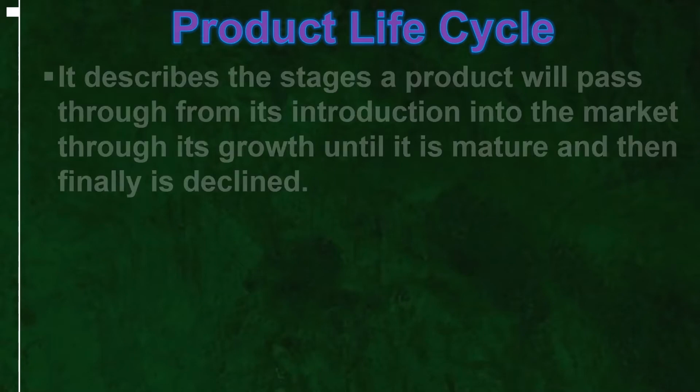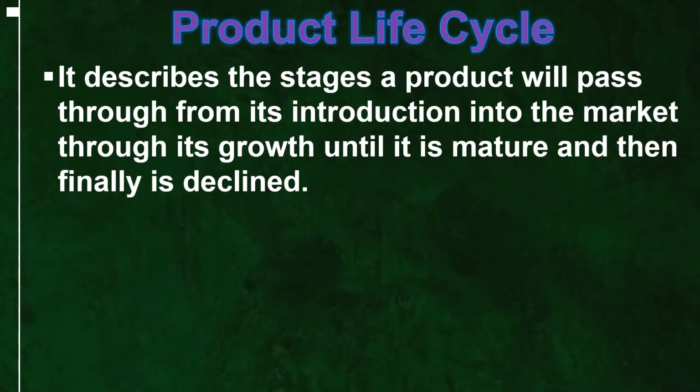Now, let's start with the meaning of product life cycle. Product life cycle describes the stages a product will pass through from its introduction into the market through its growth until it matures and then finally is declined.